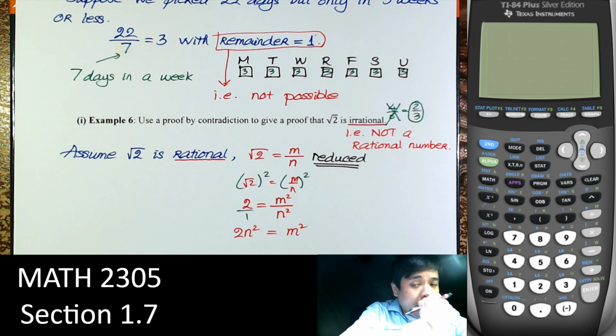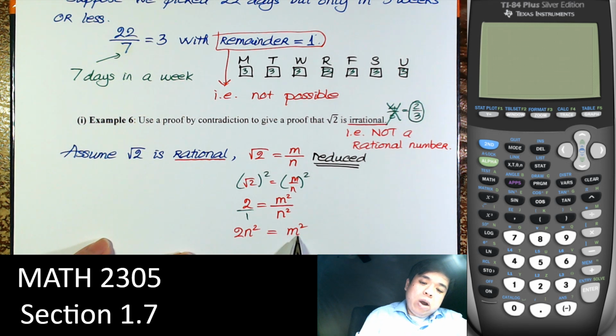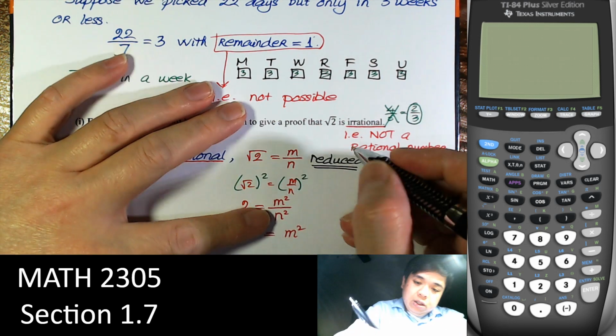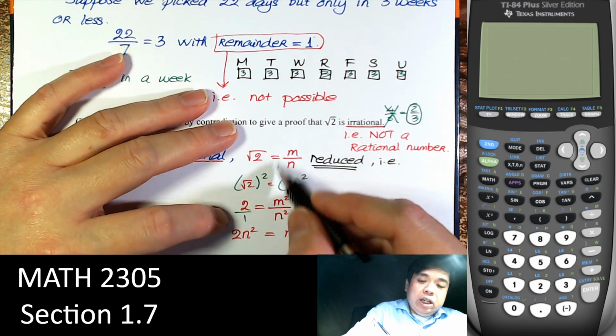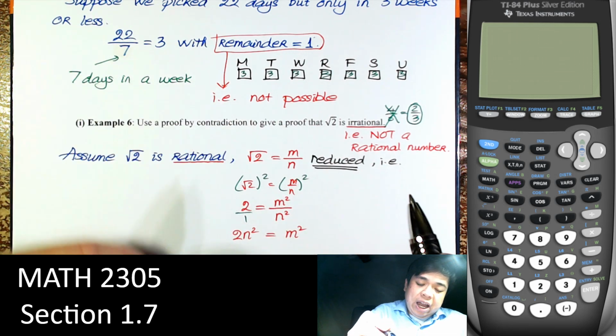What is the significance of this? If it is reduced, meaning they have nothing in common, they cannot reduce anymore.